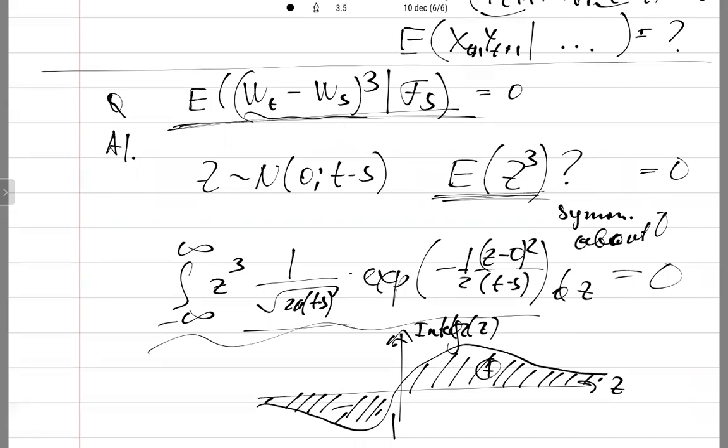But is it possible somehow to prove the statement by the increments? Future value equals current value plus the increment. But we have used this property. We have used that the future increment has normal distribution. Either you say because z cube is symmetrical about 0, this distribution is symmetric about 0, so the answer is 0, or you use intuition.